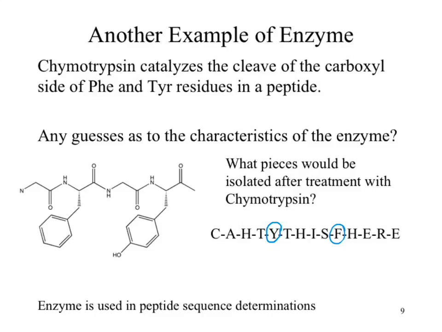Okay. So what pieces would we isolate? Remember, where does the chymotrypsin cut? On the carboxyl end. In our amino acid, what do we start with? The amino end, and we end with the acid end, which means what we would end up with are our pieces, which I didn't think through carefully enough.